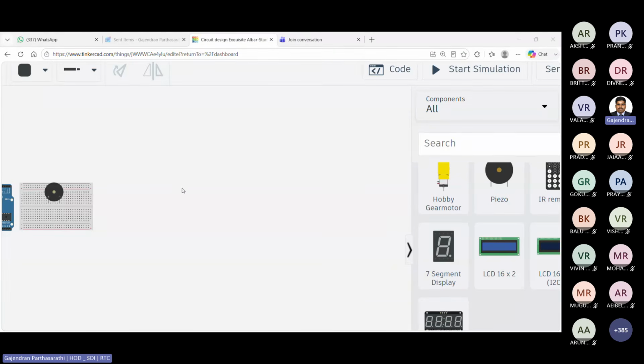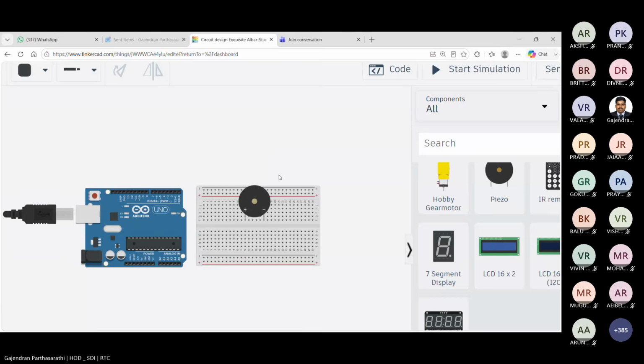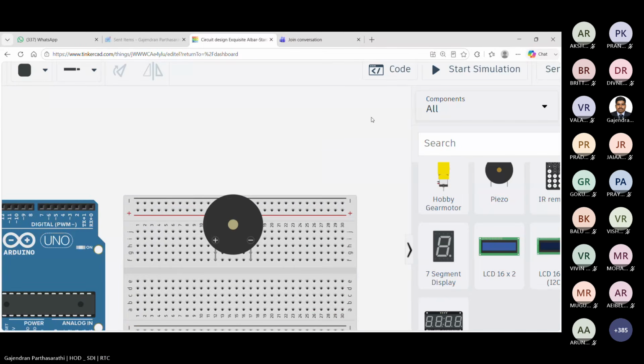How can we make the buzzer sound vary using Arduino coding? Any idea? Don't put that many buzzers, one buzzer is sufficient. Someone fitted 4, 5, 6 buzzers. How will you make this analog part?